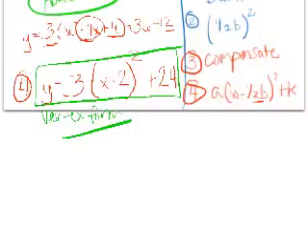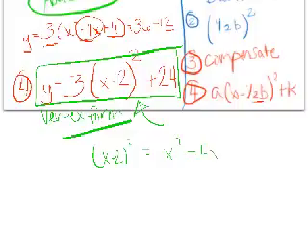What would happen if you FOILed this? You'd go back to the other thing. In fact, I think it's important for you to understand that you have not changed the equation. You have simply changed the appearance of the equation, right? X minus 2 squared, if you took x minus 2 and you squared it, that would be x squared minus 2x minus 2x plus 4, so x squared minus 4x plus 4.